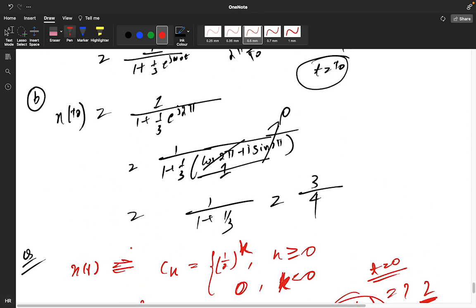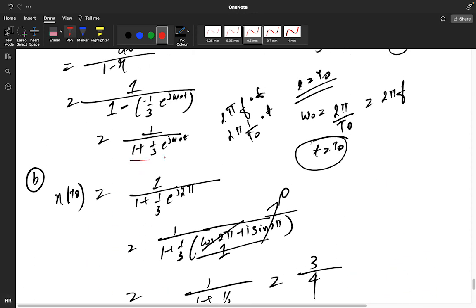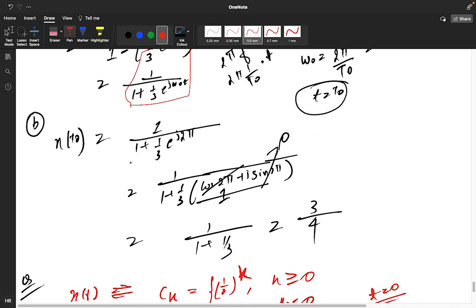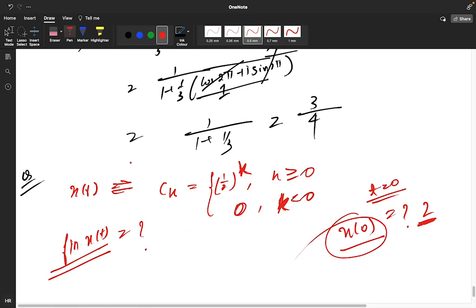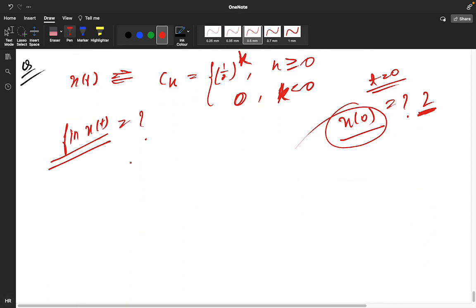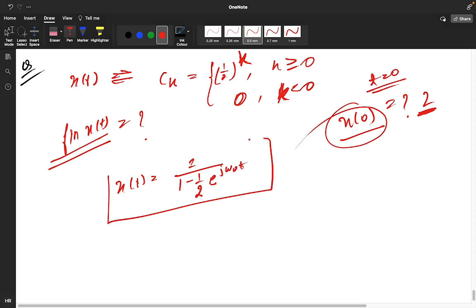While solving for x of t, you will get an equation of this kind, 1 divided by 1 minus 1 by 2 e power j omega naught t. Sorry, not n, j omega naught t will come only.